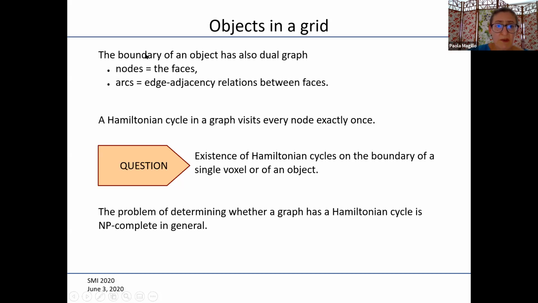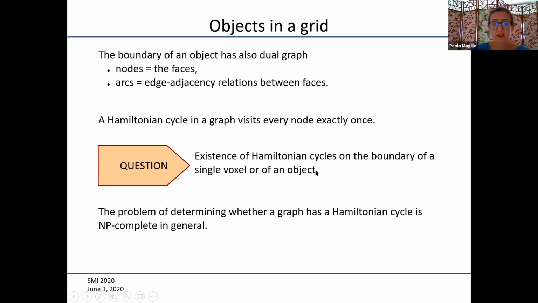We have to introduce another graph, which is the dual graph of the boundary surface of an object. Here the nodes are the faces, and an arc exists between two faces if they share an edge.